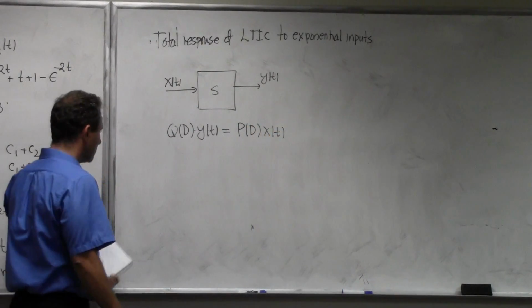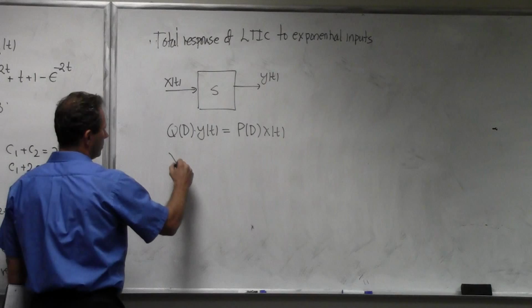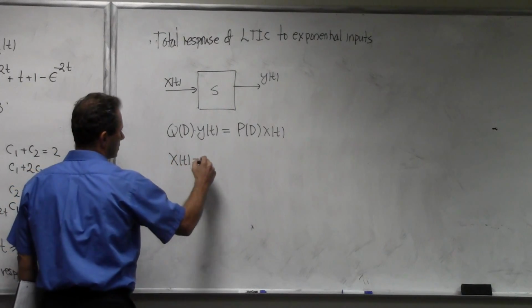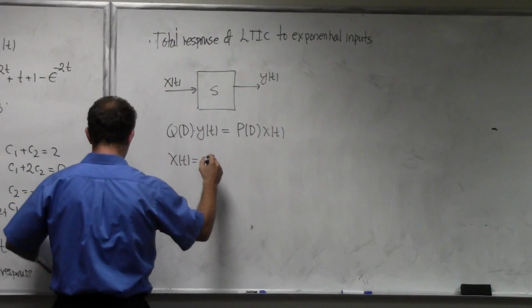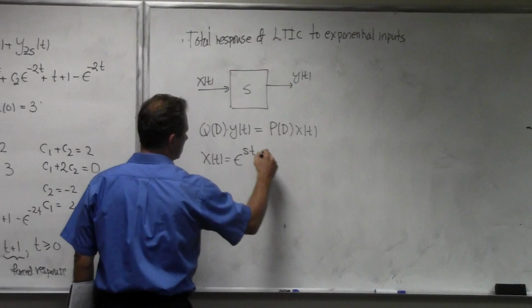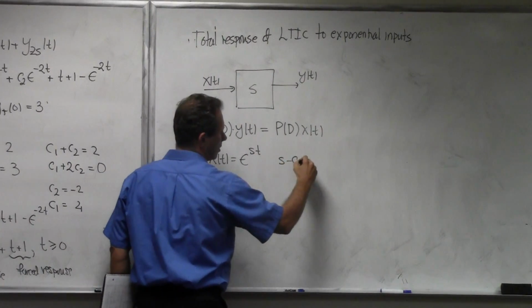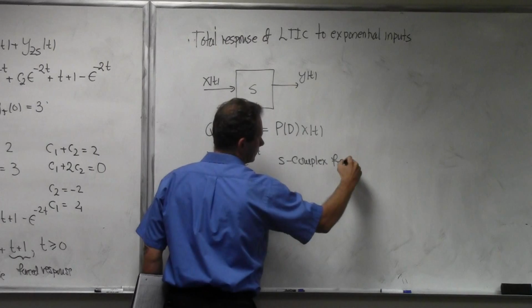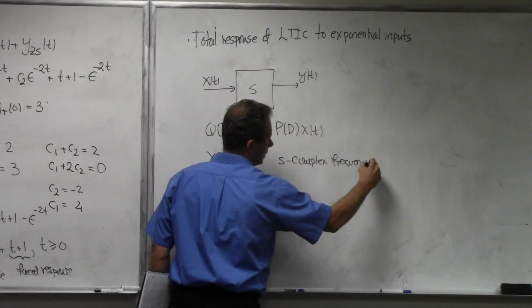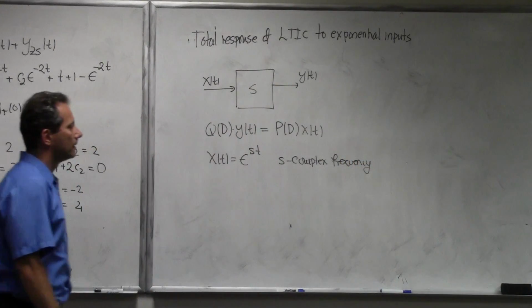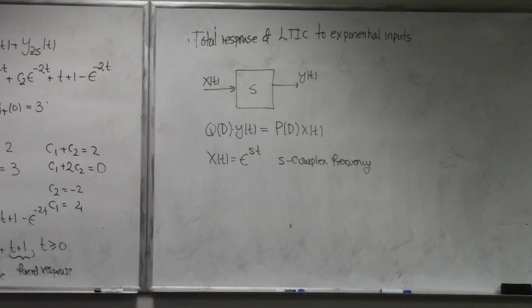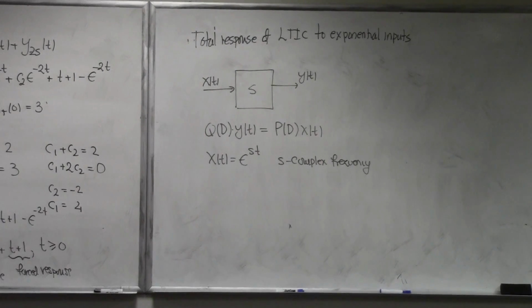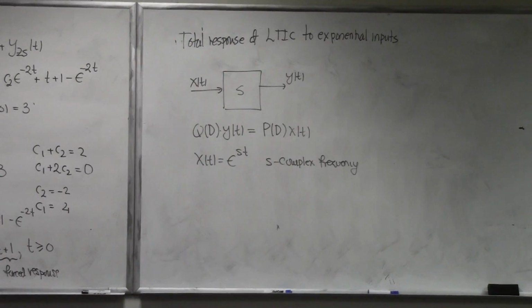But in our case here, x is a special input. x of t is e to the st, where this s is our complex frequency. Can be real, can be purely imaginary, or can be a combination of both.